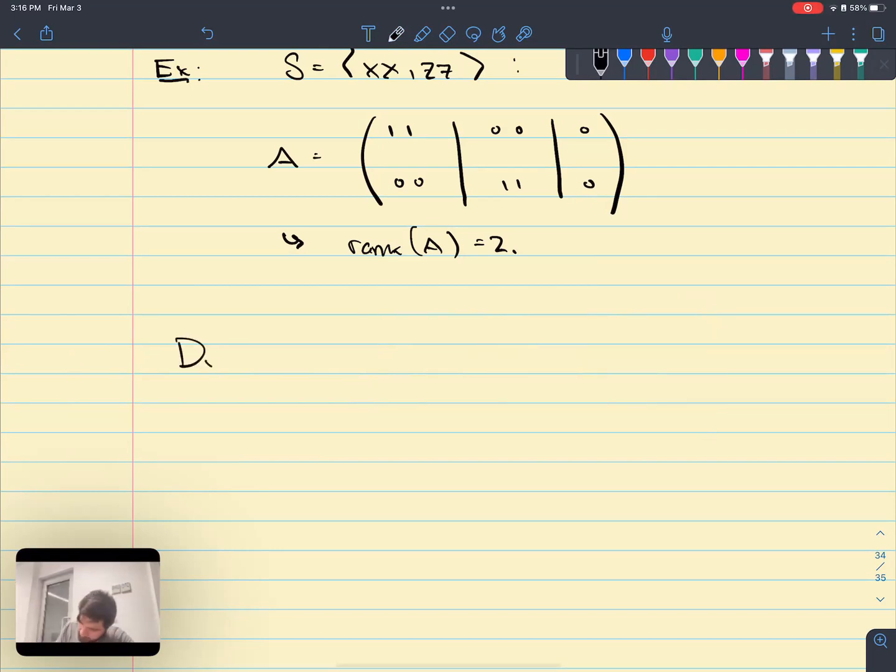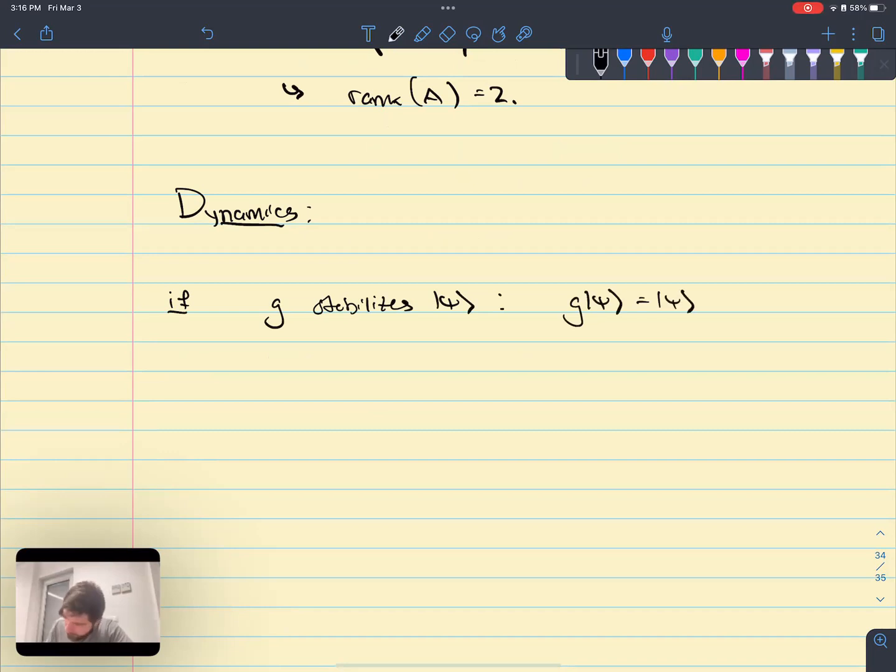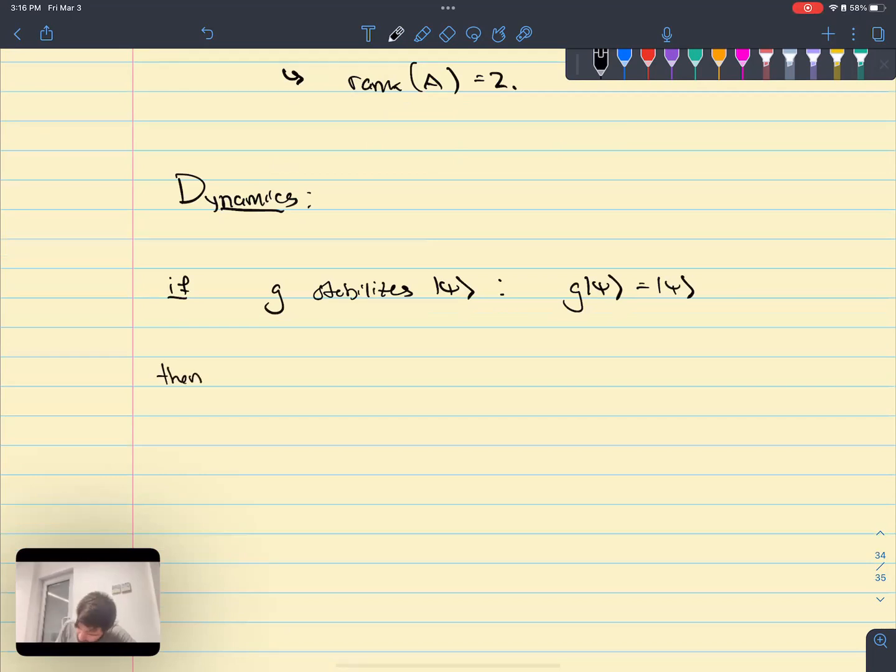Okay, so far we talked about the states. Now we want to talk about the transformations or the dynamics, if you will. So let's just look at the following observation, that if G stabilizes some psi, that is to say G psi equals psi, and we perform a unitary on our state psi.